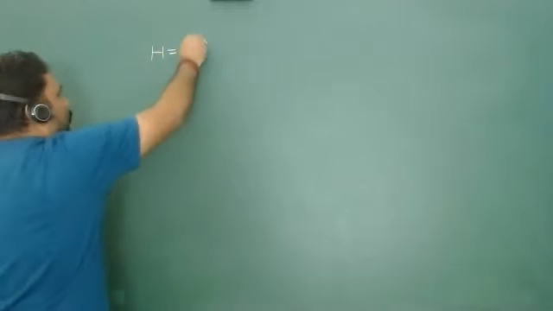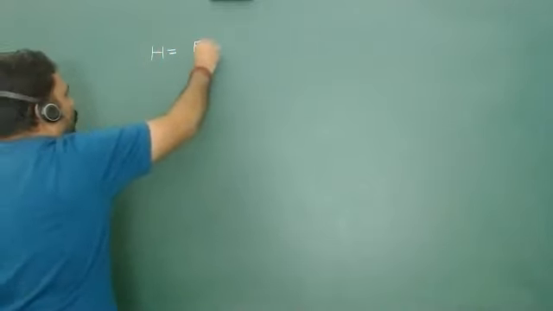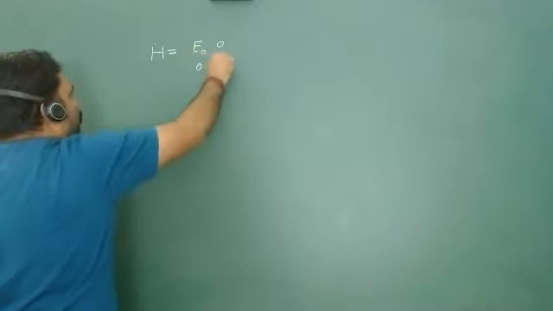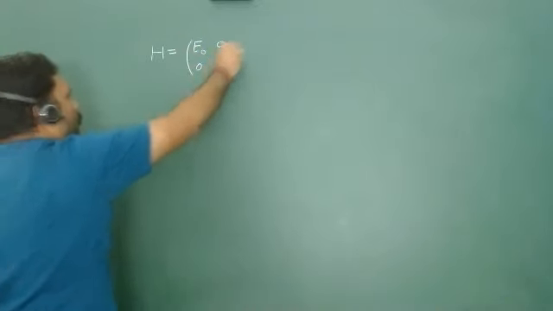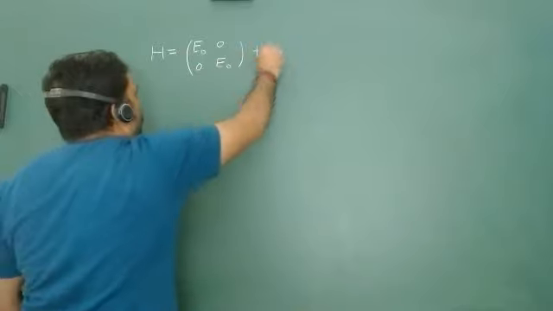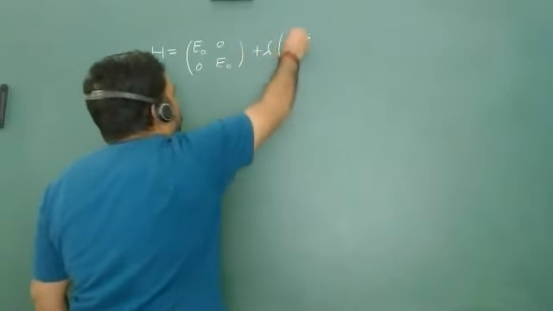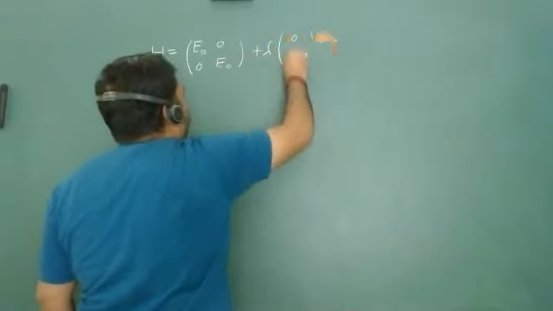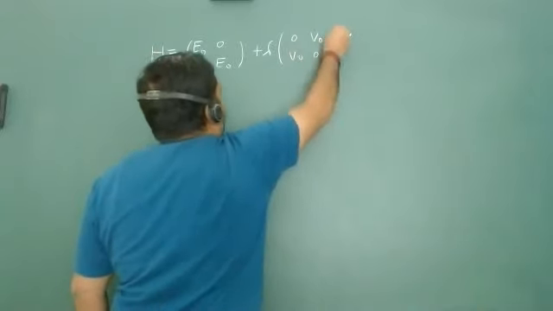So let's go for this problem. This is very nice. H is defined as the matrix E naught 0, 0 E naught plus lambda times the matrix 0 V naught, 0.